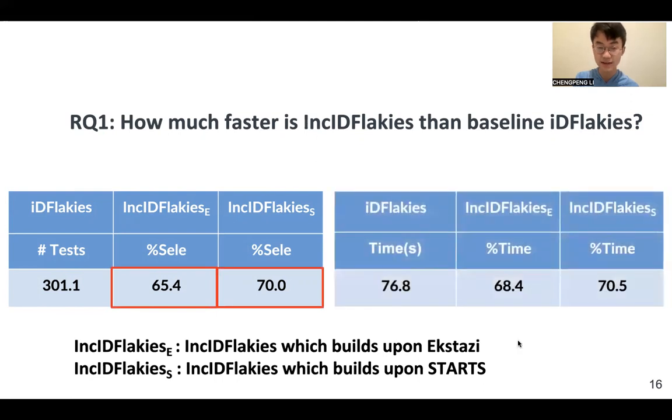The baseline ID Flakys takes about 76 seconds. Ink-ID Flakys E takes about 68% of the time. Ink-ID Flakys S takes about 70% of the time. And we can say ink-ID Flakys indeed has time savings over the baseline ID Flakys.